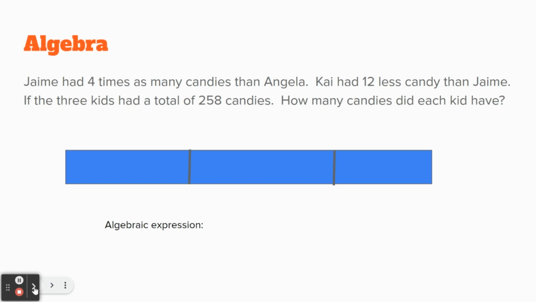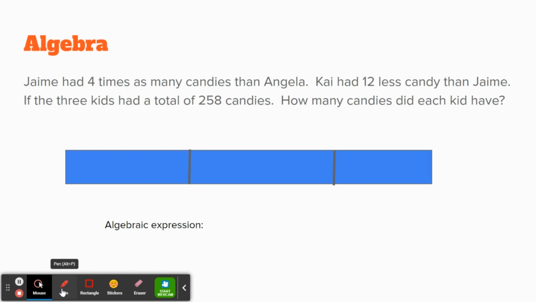Now, in a bridge to algebra, we can start writing this. And this is how we go from a concrete to a symbolic representation. So, Jamie, put the J here for Jamie, had 4 times as many as Angela. Don't know how much Angela had, so we'll just say it is x.